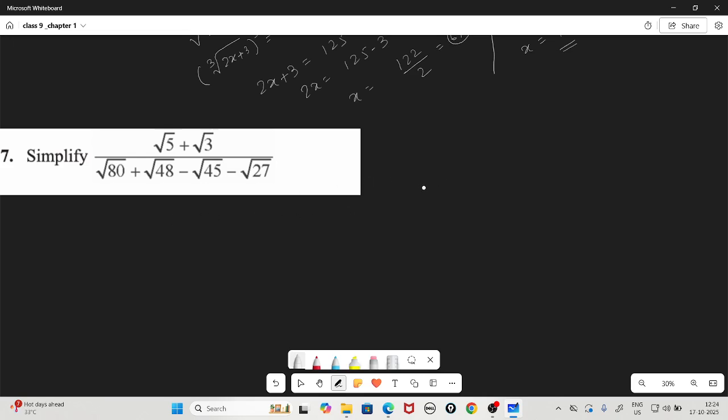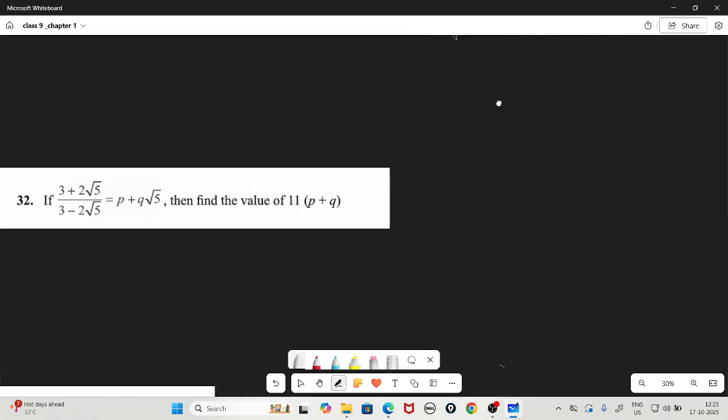The hint is that you have to break down this into its prime factors. Similarly, root 45 and root 27. Just try it on your own and I am sure you will be able to do it.